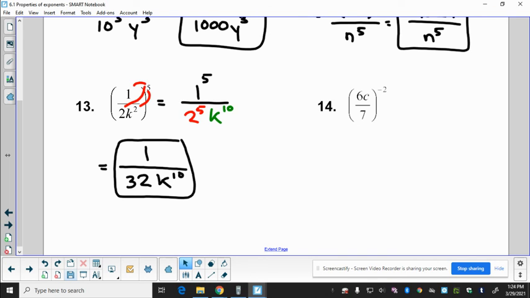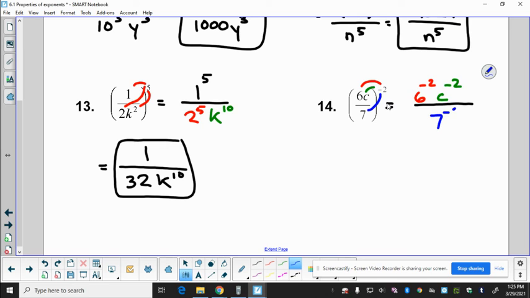Okay, finally, number 14. So once again, this -2 is going to be applied to everything, okay? So it goes to the 6. That'll be 6 to the -2. Now it goes to the c to the -2. And then finally, it goes down at 7. Now, knowing that that's a reciprocal means that I can move some of these terms, okay?